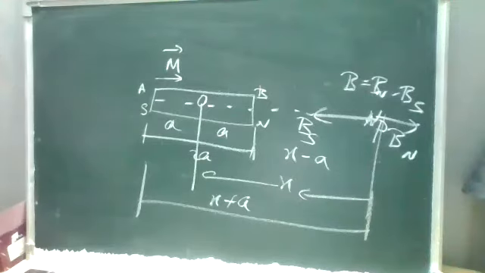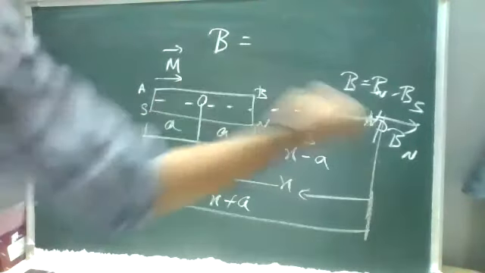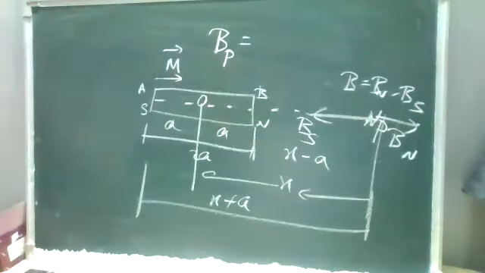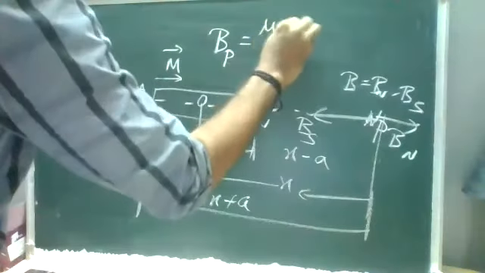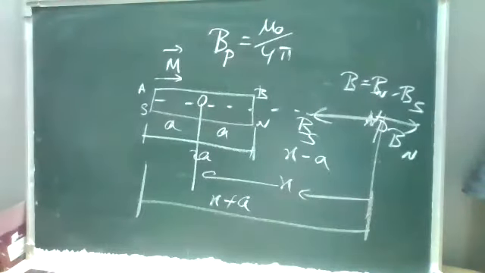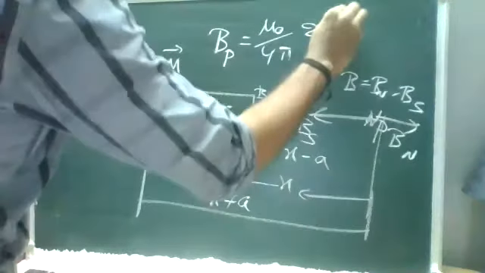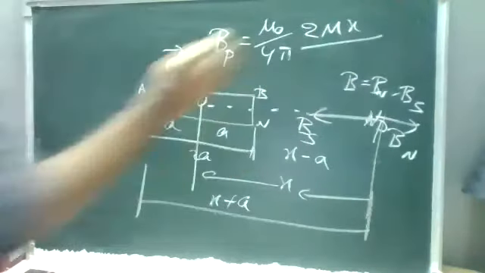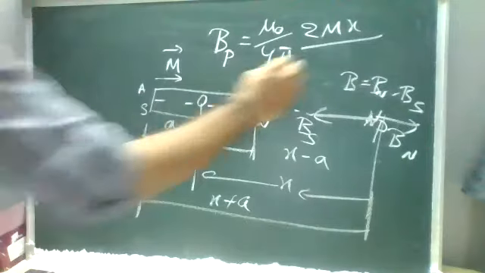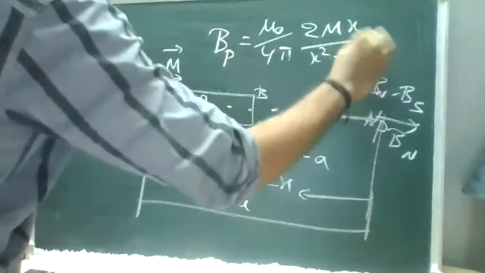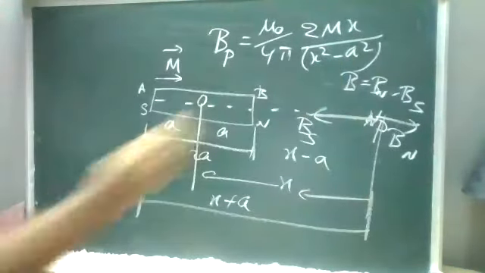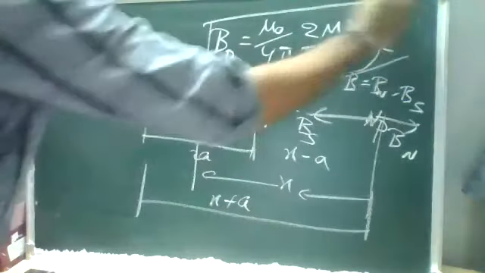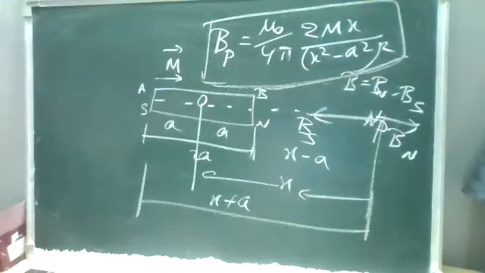So the magnetic field at P, BP, is equal to mu naught by 4 pi into 2 M x by x square minus a square whole square. It is the same relation we discussed earlier with l, here with a: 2 p x by x square minus a square whole square.